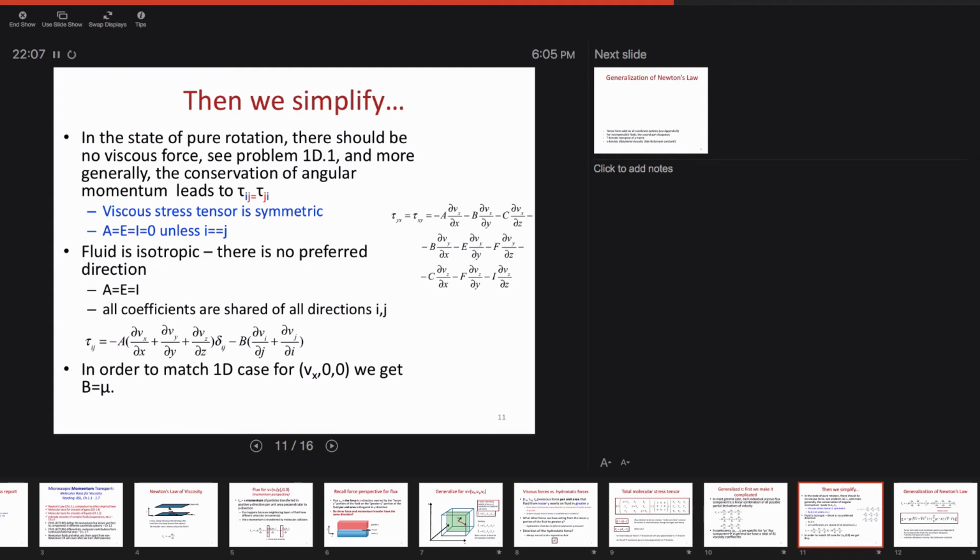If I'm suspending platelets, and blood flow has platelets, then those platelets do have preferred directions, and they like packing parallel to each other better than orthogonal to each other. So there will be some directionality to that. Those could be possible sources of something that is not isotropic.